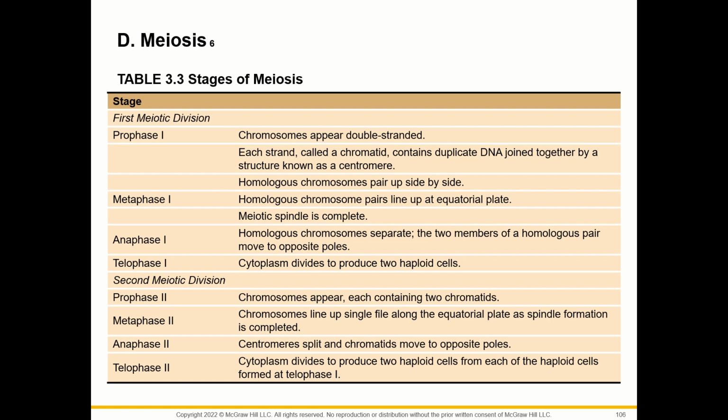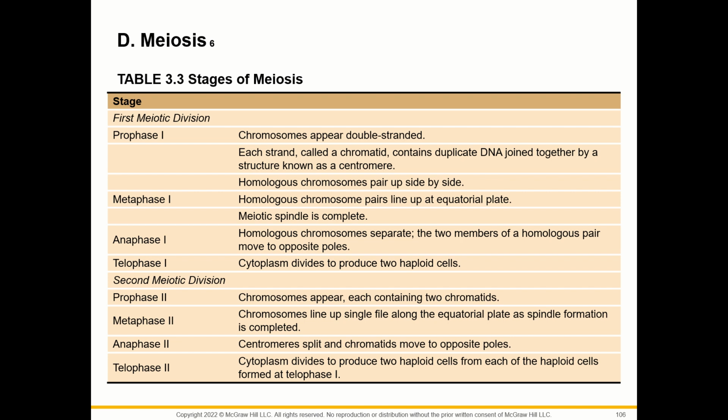So here we see in table 3.3 those stages of meiosis. Prophase 1, the chromosomes appear double-stranded. Each strand, called a chromatid, contains duplicate DNA joined together by a structure known as a centromere. Homologous chromosomes pair up side by side. In this case, we're not going to make daughter cells that are identical in numbers.